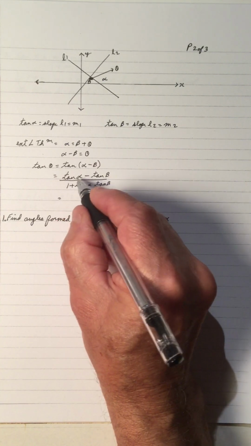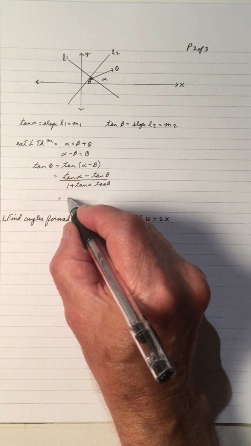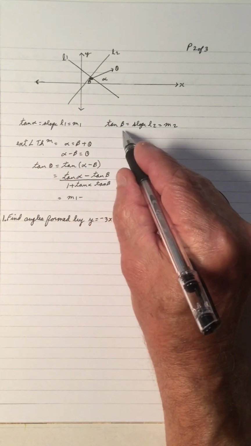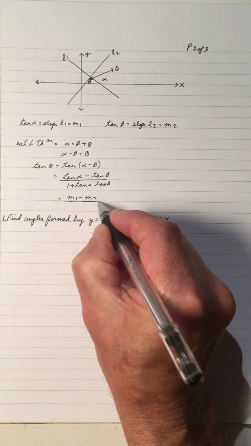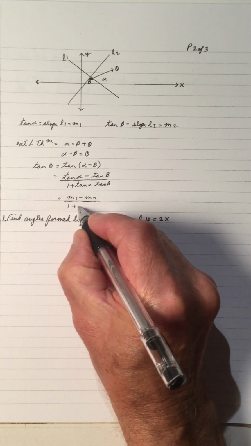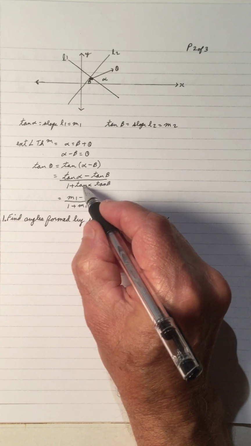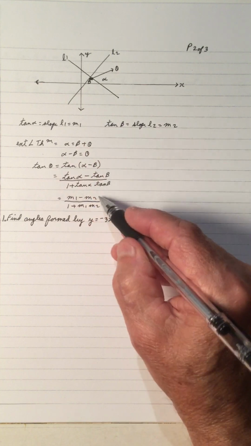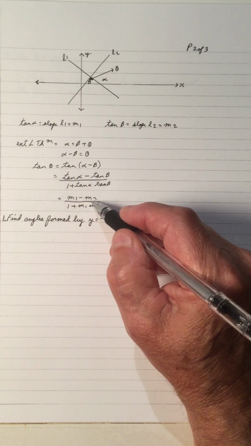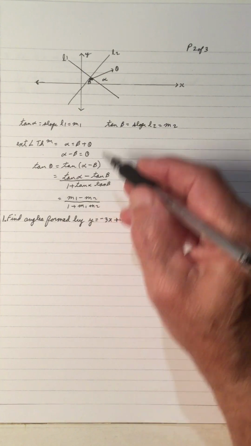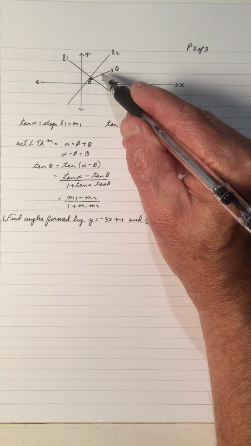And tan is the slope, so tan alpha is M1, tan beta is M2, and that's 1 plus M1 M2. So this is the slope formula, and this is the formula we're going to use to find the angle between two intersecting lines.